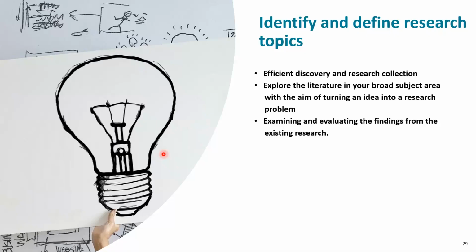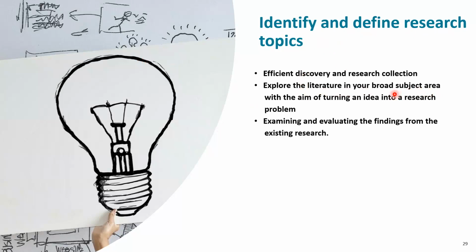Moving on. One of the most important things you want to use the dissertations and theses for is to identify and define a research topic. So we need to know how we can use this platform to do that. With efficient discovery and the research collection, you can explore the literature from a broad subject area.